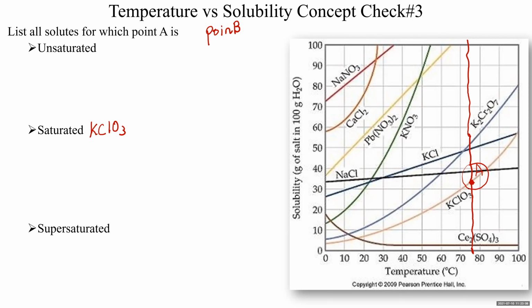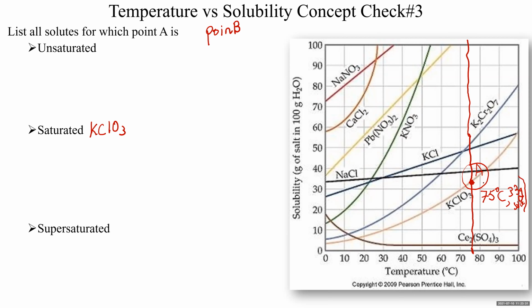Remember, the fact that I put point A on KClO3 doesn't mean point A is somehow tied to KClO3. It is not. Point A simply represents a 75 degrees Celsius solution with about 33 grams of solute, and it doesn't matter what the solute is.